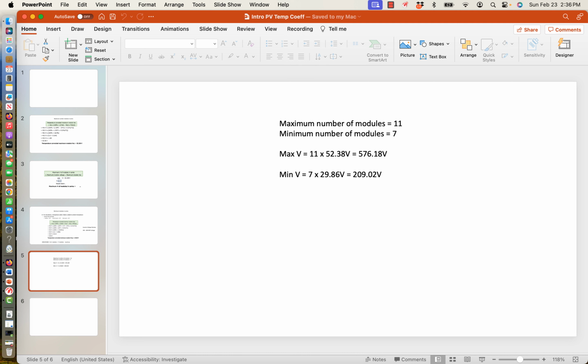And then being able to identify different components and electrical characteristics off of a data sheet, like what is the VOC, what is the VMP, what is the IMP, what is the ISC, what are the temperature coefficients, what are the weights, things like this.